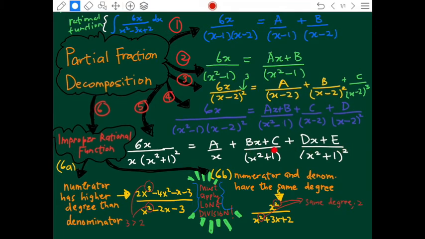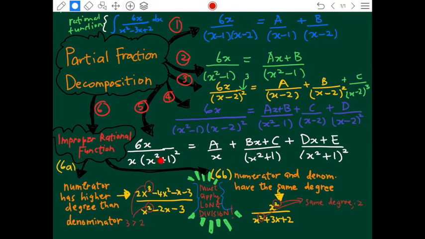So you have to do it twice because the denominator here has the power of 2, and then at the numerator you have to apply bx plus c and dx plus e because the power of x here in the bracket has power of 2.